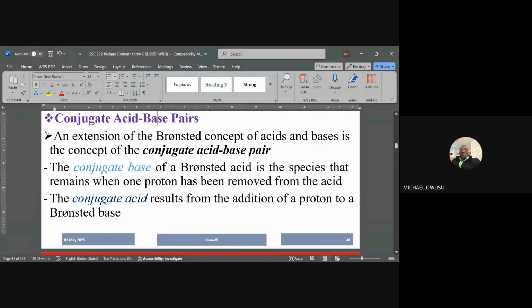Now, when we talk of acid-base conjugate pairs, we are talking about the extension of the Bronsted-Lowry concept of acids and bases.